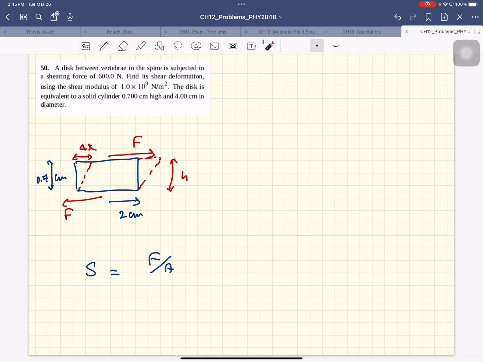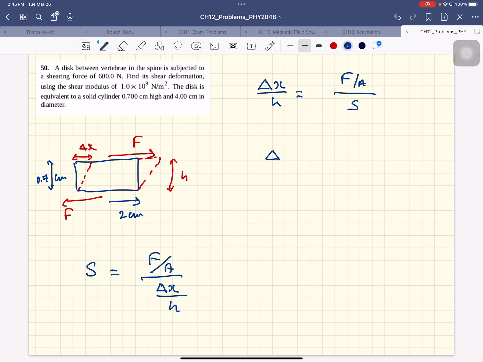The area is the area of that disk, divided by delta x, and this is the shear deformation. So delta x by h is F over A. This is what they're asking you to calculate, but let's calculate delta x.